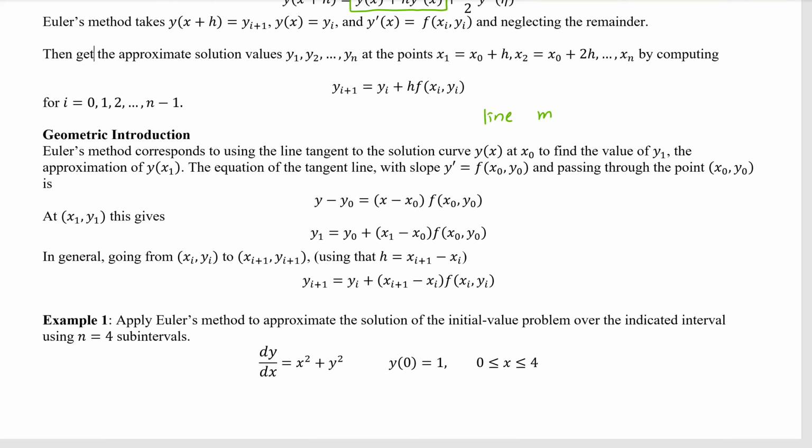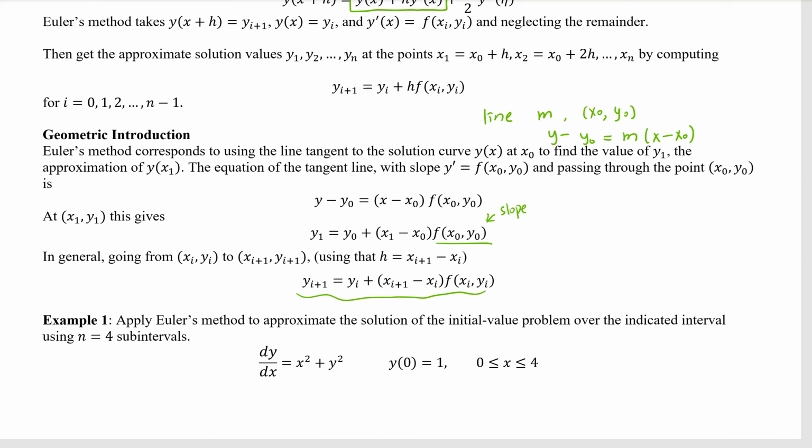A line with the slope m and passing through a point x0, y0 is y minus y0 equals m times x minus x0. When we solve for y, we get y equals y0 plus m times x minus x0. In this case, m is f of x0, y0, and that's why we get this formula.